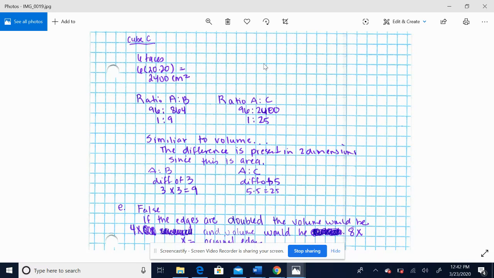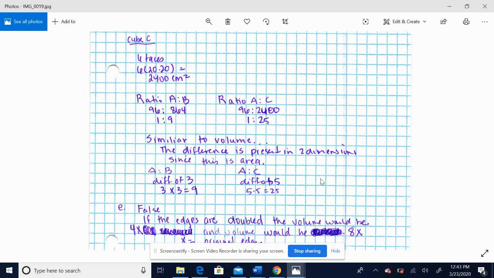So that's just in 2 dimensions. That's why we get a 1 to 9 ratio here with the surface area, because 3 times bigger in 2 dimensions is 3 times 3, which is 9. We have a 1 to 9. And here, 5 times bigger in 2 dimensions, 5 times 5, which is 125. Okay, similar explanation to the volume. The difference is present in 2 dimensions since this is area.